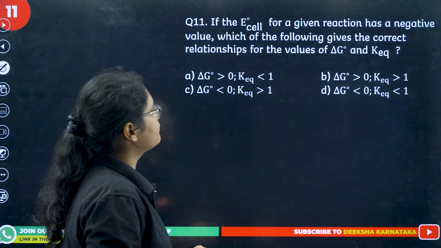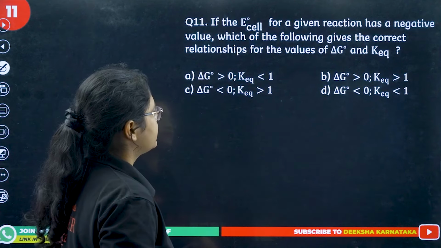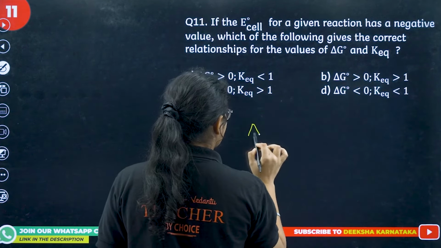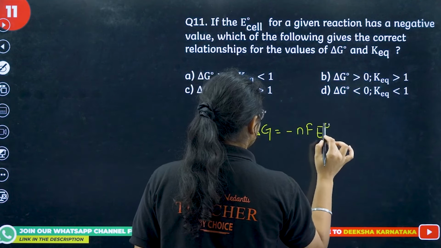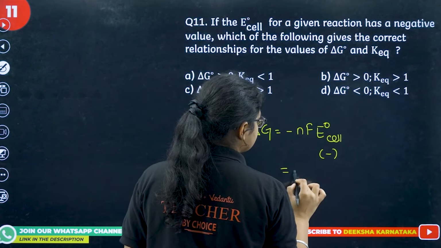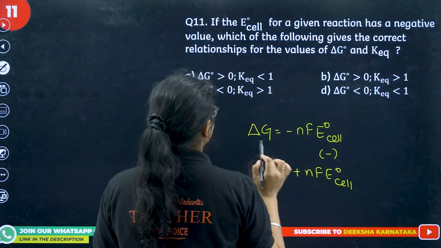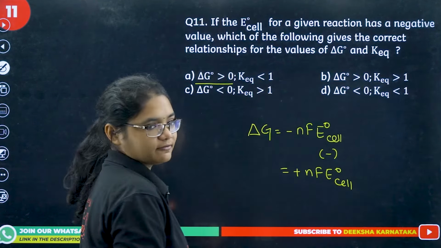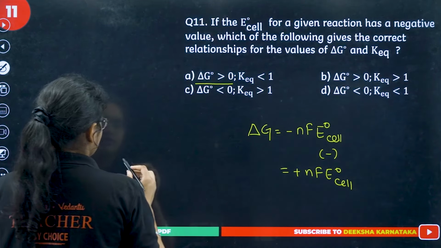Next, if the E naught of the cell for a given reaction has a negative value, which of the following statements is correct? So you have delta G = -nF E naught of the cell. Now E naught of the cell is negative, so we will get delta G = positive nF E naught of the cell. So delta G value will be positive, okay? Now if delta G is positive, what will happen?